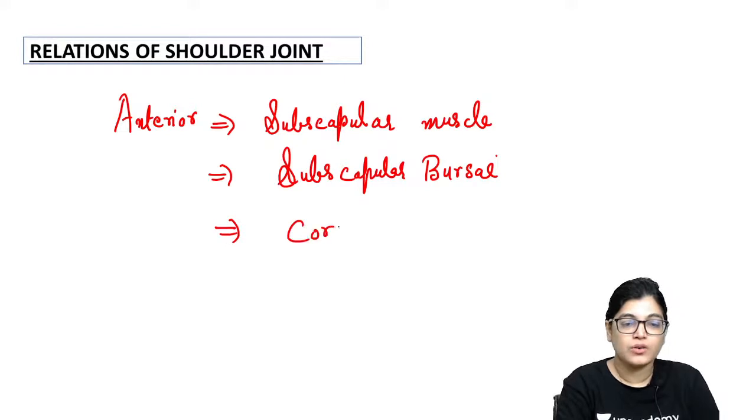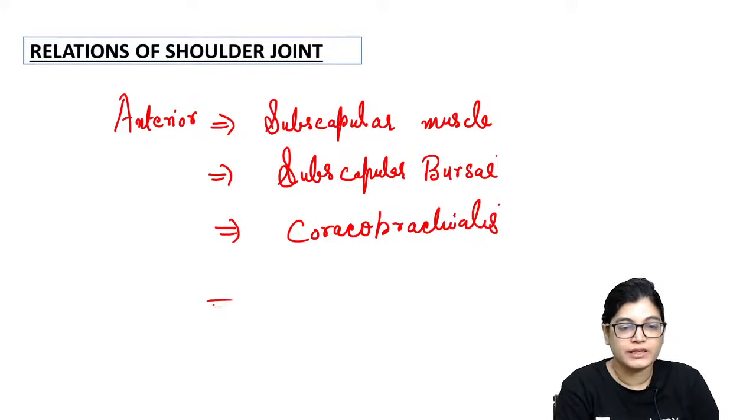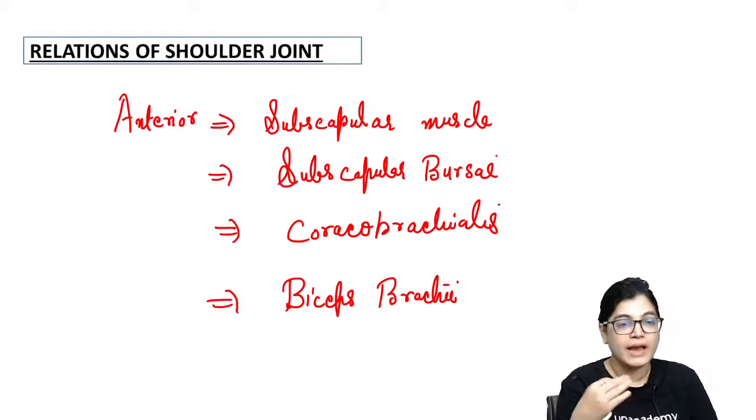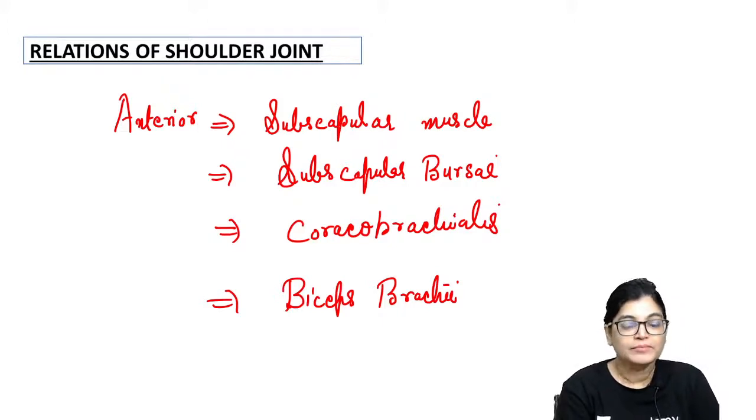Also the coracobrachialis muscle lies in the anterior relation, and the biceps brachii muscle as well. So the subscapularis muscle, subscapular bursa, coracobrachialis and biceps brachii muscle lie on the anterior relation of the shoulder joint, and also the deltoid muscle.